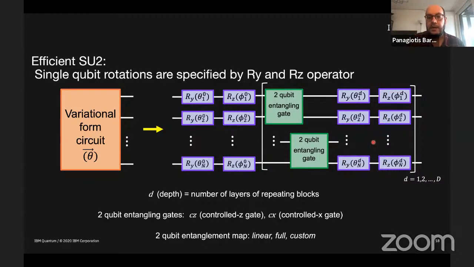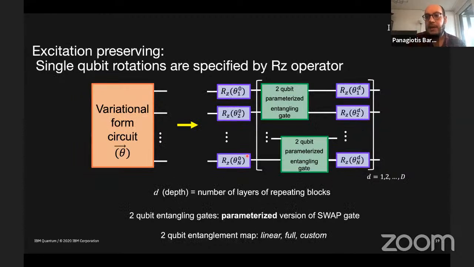Another way that you can parameterize your trial wave function with hardware native gates is the excitation preserving circuit. In the excitation preserving circuit, you need to ensure that you start your calculation with the right number of particles and then allow for different parameterized entangling gates. So you will have two-qubit gates that are parameterized and always allow you to stay in the right space of particles, meaning that you explore a much more limited space and not the whole exponentially growing Fock space of the system.